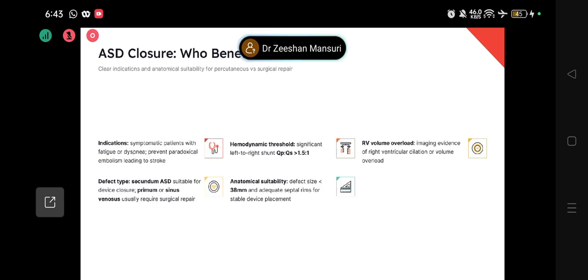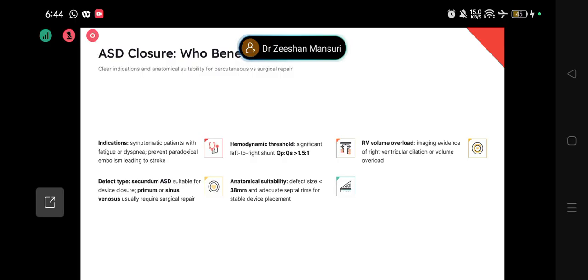Then the defect type: the secundum ASD is the most suitable for device closure. Primum and sinus venosus usually require surgical repair, but now we have devices, specifically covered stent devices, for the sinus venosus type of ASD, specifically the superior vena cava sinus venosus type of ASD.